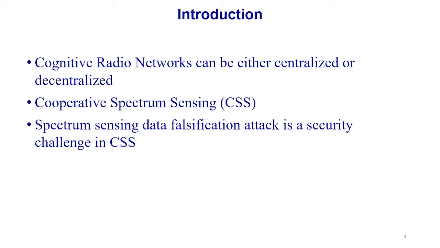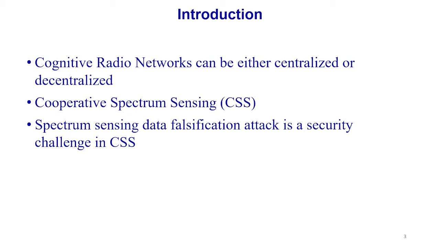Therefore, cooperative spectrum sensing is one of the core aspects of this network. In spectrum sensing, the secondary users, before they access the underutilized spectrum, sense the spectrum to check which one is underutilized at that particular time, meaning that the primary user is not using that spectrum.